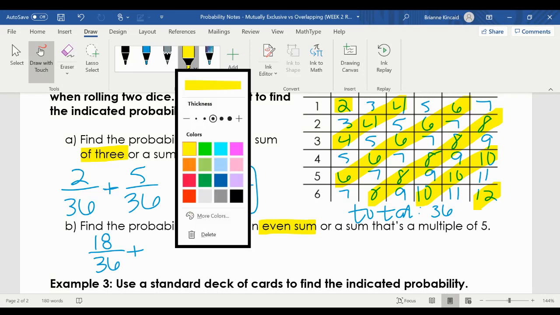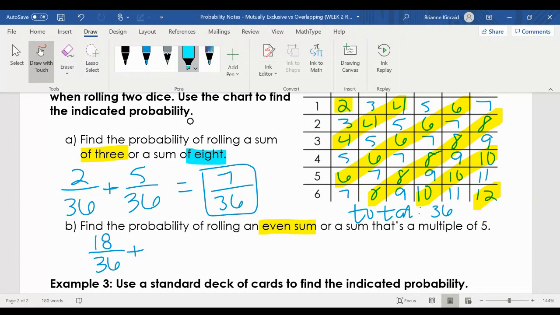So multiple of 5, those are, for example, 5 times 1 is 5, 5 times 2 is 10, 5 times 3 is 15. So it's going to be 5, 10, 15, 20, so on and so forth. So I'm going to highlight the 5 and the 10s, which is going to be 7 out of 36.